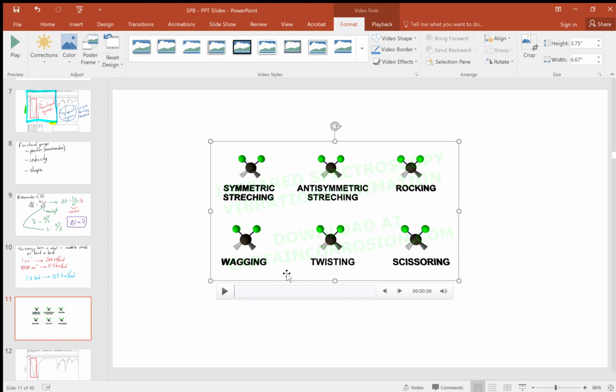Those are what we are normally focusing on more. Most of our functional group peaks are from these stretching vibrations. And then there's the bending vibrations, the rocking, wagging, twisting, and scissoring. But this short video will show you what these are actually doing at the atomic level.